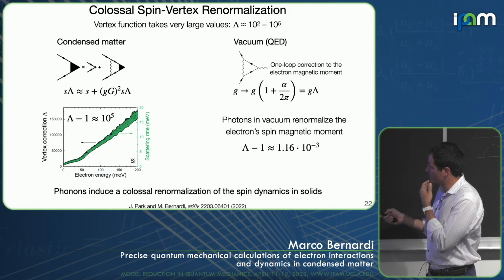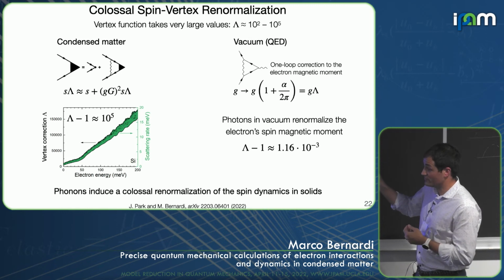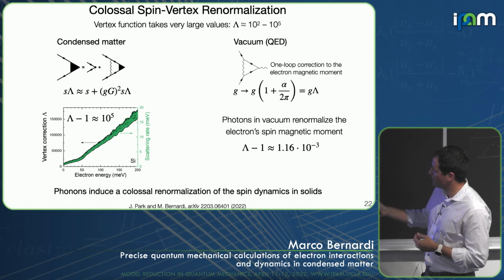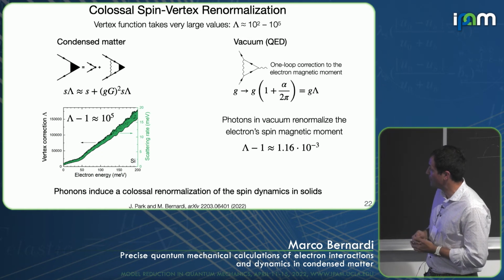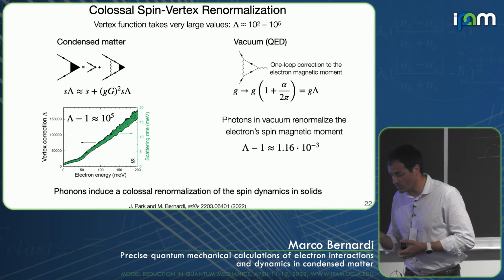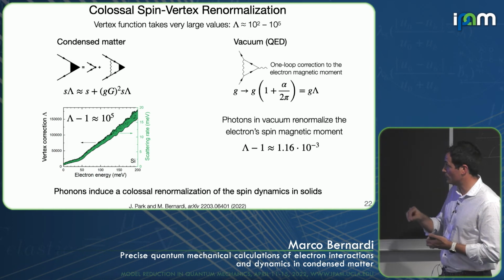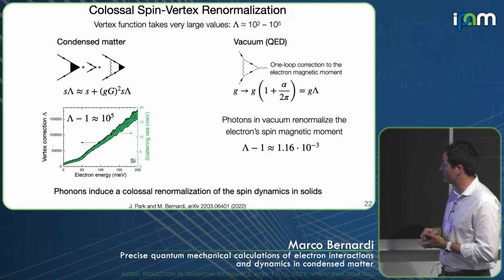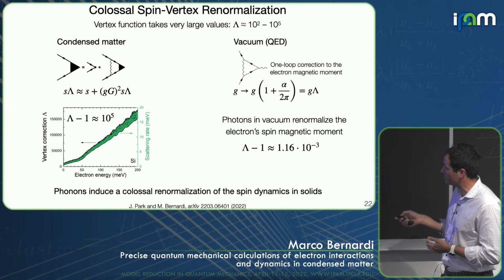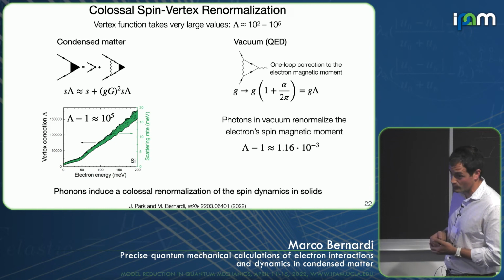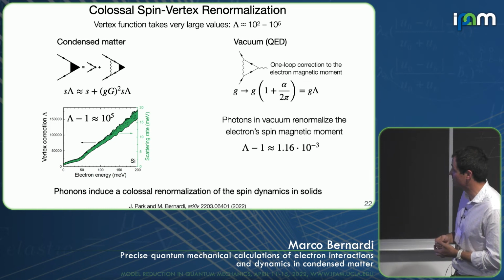Well, for comparison, if you put an electron in vacuum and it interacts in quantum electrodynamics with the virtual photons, that process is known to cause a small change in the electron's magnetic moment. It's the so-called anomalous electron magnetic moment problem, and it was first worked out by Schwinger in the 40s.